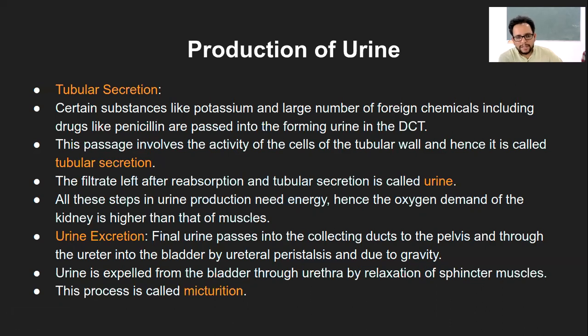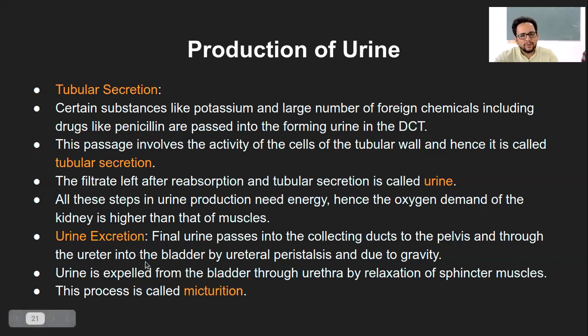Again, I hope that this part was clear to you. If at all you have questions, you can ask. If not, I will move to urine excretion, which is the smallest component, and which we already know. The final urine passes into the collecting duct. From there, it will enter into the pelvis.